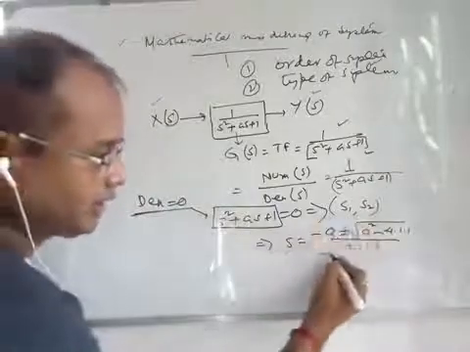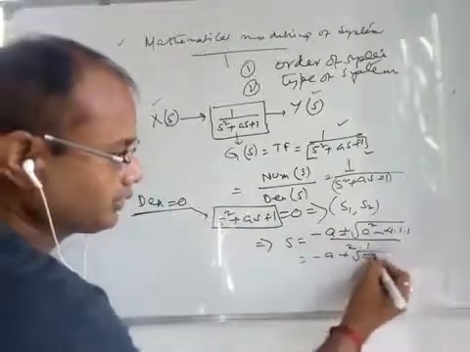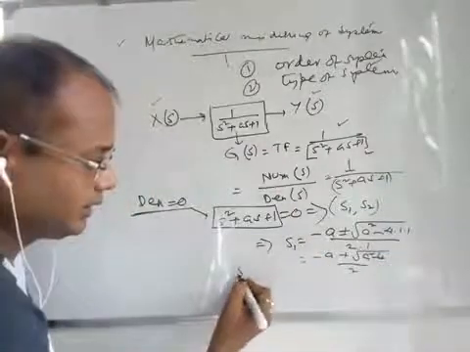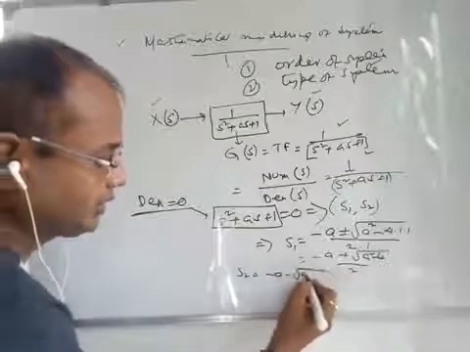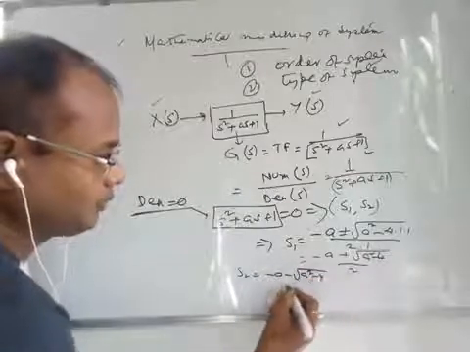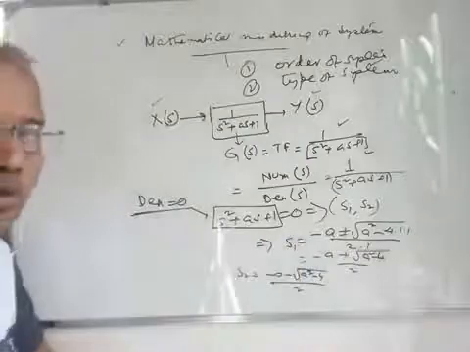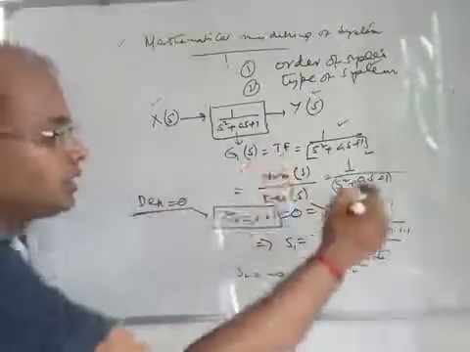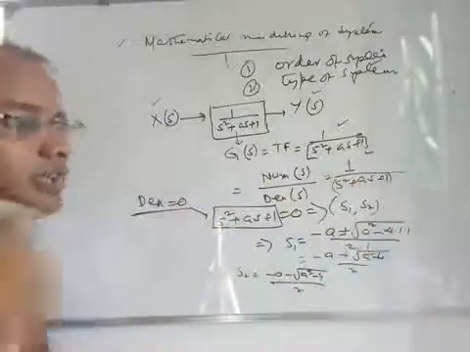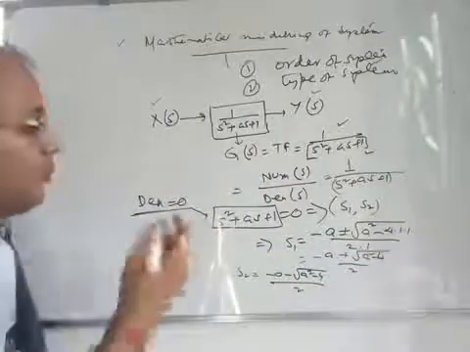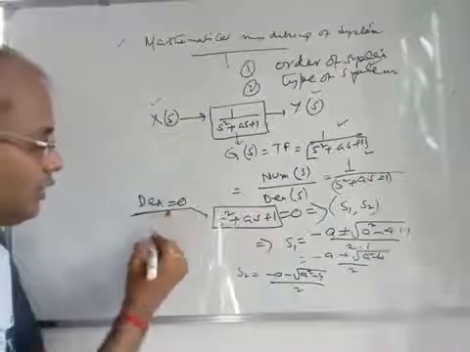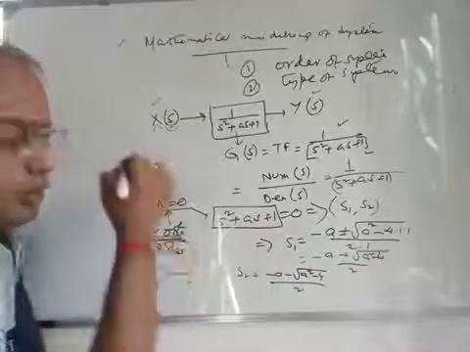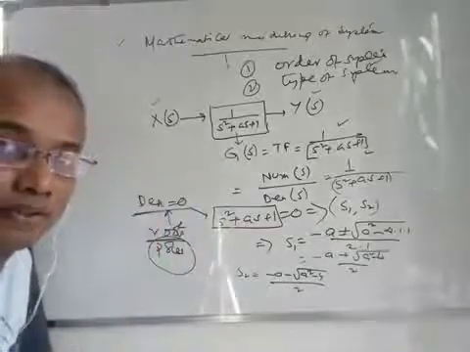So you get s1 equal to minus a plus root over a square minus 4, by 2, and s2 equal to minus a minus root over a square minus 4, by 2. Two roots, because these are known as the roots. How can you get the roots of the transfer function? If you make the denominator equal to 0, you get the roots, and these are also known as the poles of the transfer function or poles of the system.